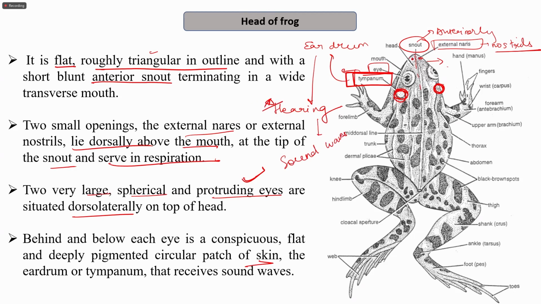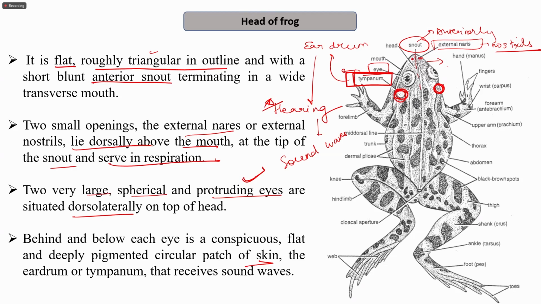External ear is not present, but they have the tympanum, the eardrum, a membrane-like structure that receives the sound waves and therefore helps in hearing. So they have large protruding eyes on the head, and the head is roughly triangular in shape, with a snout terminating in a wider transverse mouth.